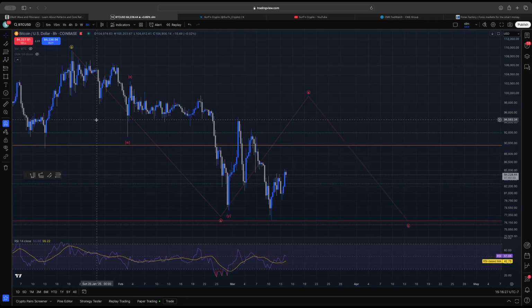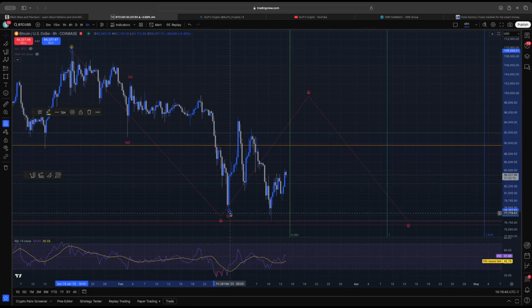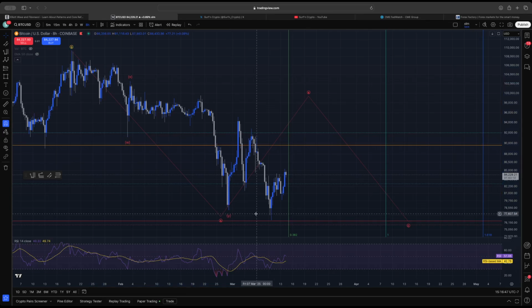But anyhow, if this is to be a correction from the 0 point to the Y, we would like to see its corrective motion to the upside or sideways last past the 0.382 minimum in time, right? So when we pull that from the top of 3 to the low of the first leg of the correction, we note that we're still before the 0.382 in time. So this leads probability to, hey, we're just correcting, it's all good.